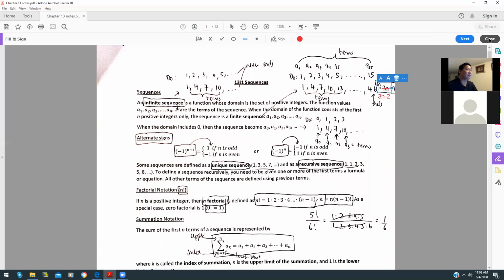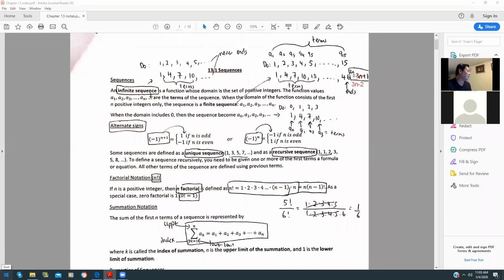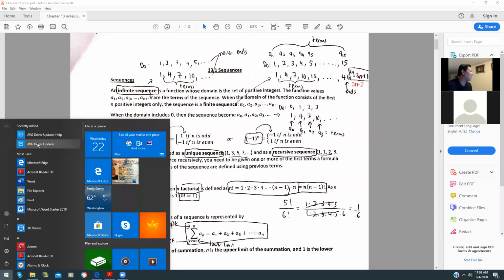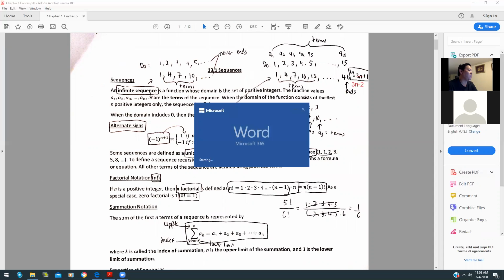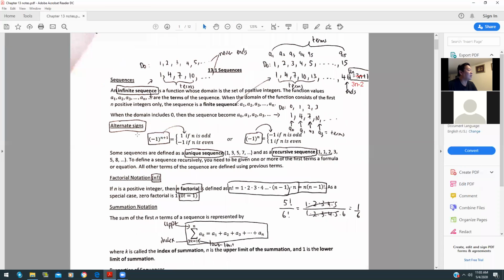Another type of sequence you have to write is alternating signs. In order to change from positive to negative, then back to positive, then negative, you add (-1)^(n+1).